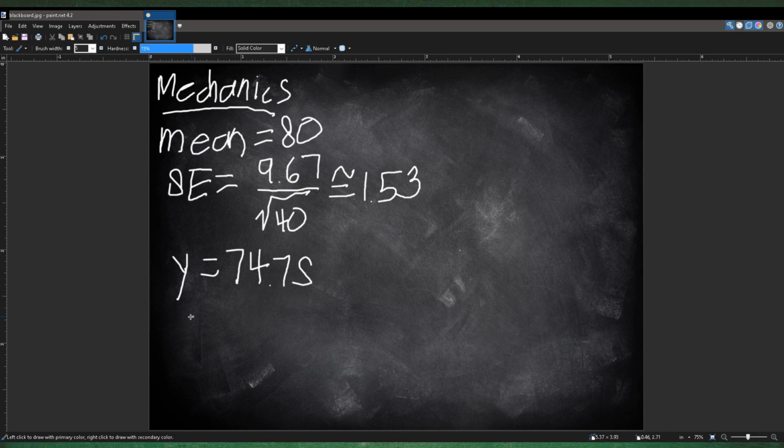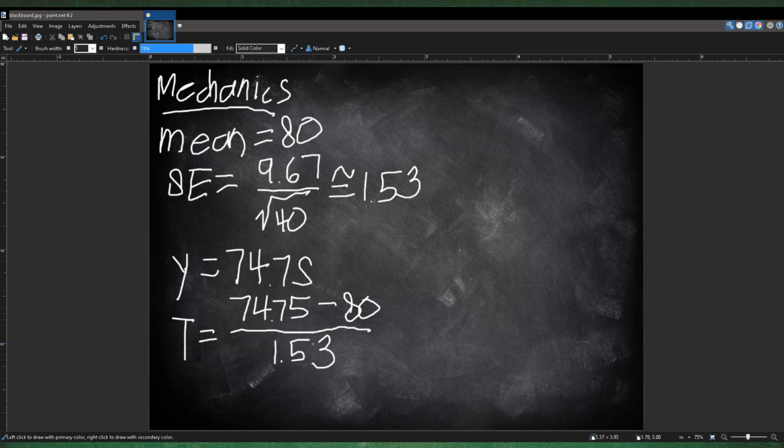And then your t-score, which is just your ȳ, so it's 74.75 minus your 80. So you want to subtract your 80 because it's ȳ minus the mean μ0, divided by your standard error, which is 1.53.